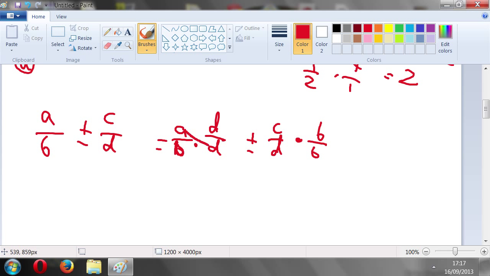You cross multiply these two, don't you? Then you cross multiply these two. And you've got this D here, and this D here, and this B here, and this B here.